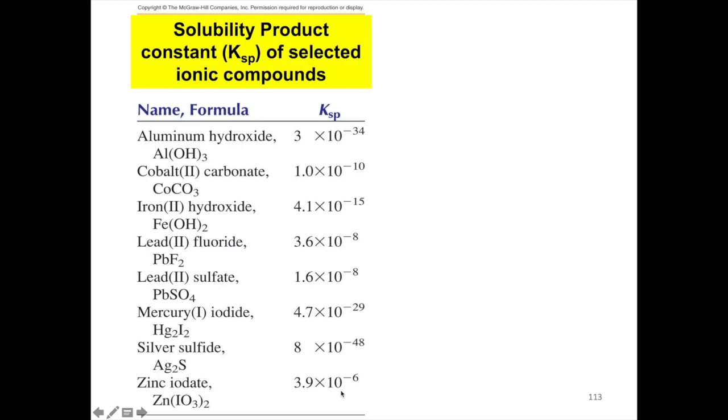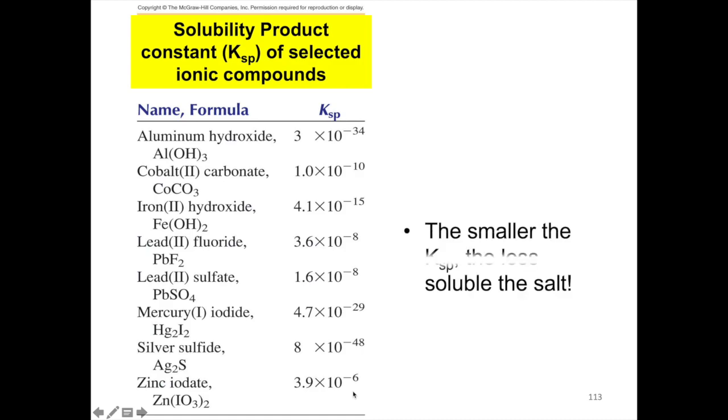So these two compounds have different Ksp values. The Ksp value will tell you which salt is more soluble and less soluble. The smaller the Ksp value, the less soluble the salt. So from this list, the most soluble salt is zinc iodate, and the least soluble salt is aluminum hydroxide.